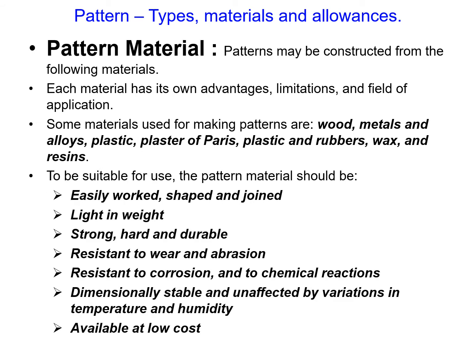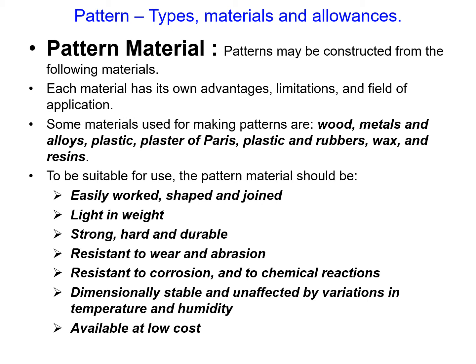Pattern making. Patterns may be constructed from the following materials. Each material has its own identity, limitation and field of applications. Some materials used for making patterns are wood, metals and alloys, plastics, plaster of Paris, rubbers, wax, and resins.